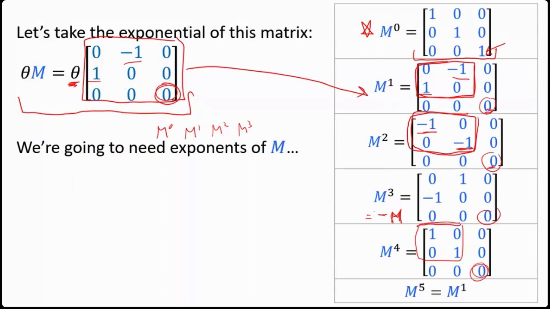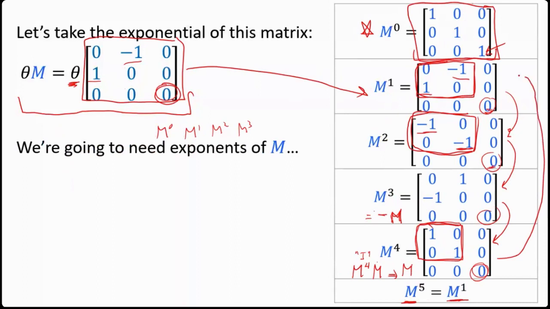And because this is like a 2x2 identity, if we multiply M4 by M, we just get M back. So M to the power of 5 is just M to the 1 again. Basically we have the identity at the start, that's M to the 0, and then after this they just repeat: you get the same 4 matrices over and over again.